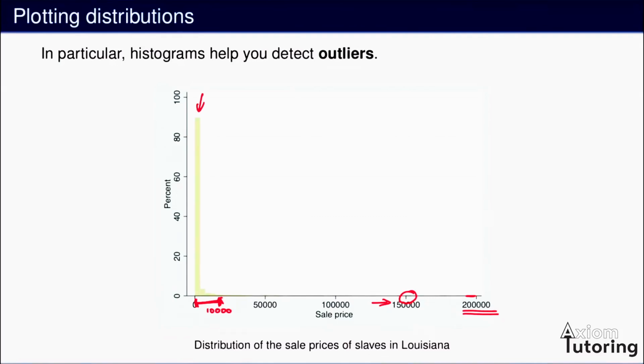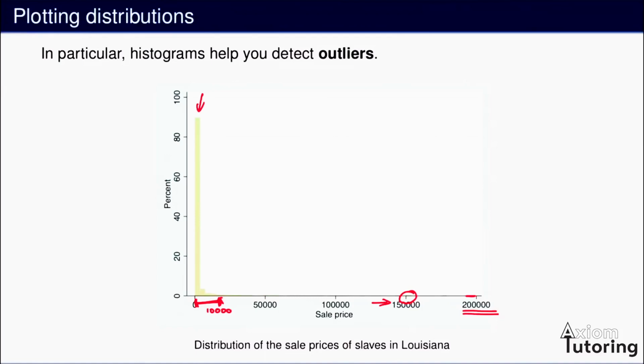Now, obviously, one thing that you could do is restrict your analysis to observations where the price is, for instance, less than 10,000. And then if you ask your statistical software to plot that distribution, you'll see a distribution that looks a lot less strange than what we're observing here.